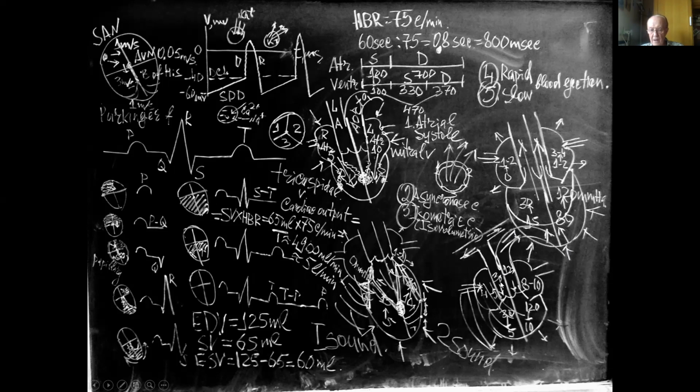And in the right ventricle, the blood pressure increases from 15 to 30, and in the pulmonary artery this pressure maximum is equal to 30 millimeters of mercury. Why is this pressure less than that? Because the distance of the pulmonary circulation is less than the distance of the systemic circulation.